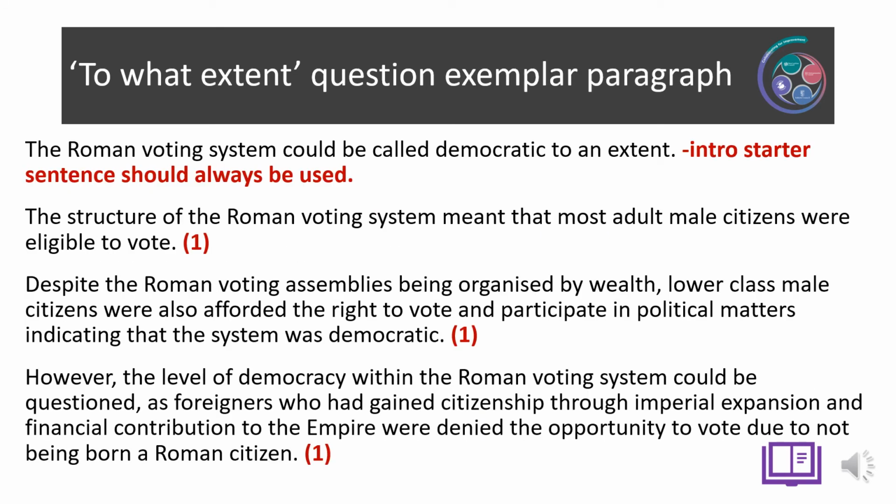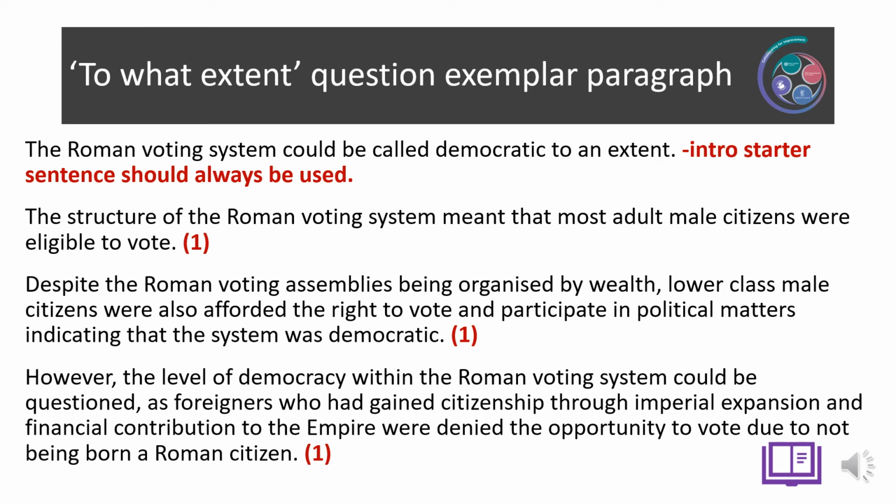So here is an exemplar paragraph to a "to what extent" question, which would achieve 3 marks. The Roman voting system could be called democratic to an extent. As always, your introduction starter sentence should always be used. The structure of the Roman voting system meant that most adult male citizens were eligible to vote. Despite the Roman voting assemblies being organised by wealth, lower-class male citizens were also afforded the right to vote and participate in political matters, indicating that the system was democratic.